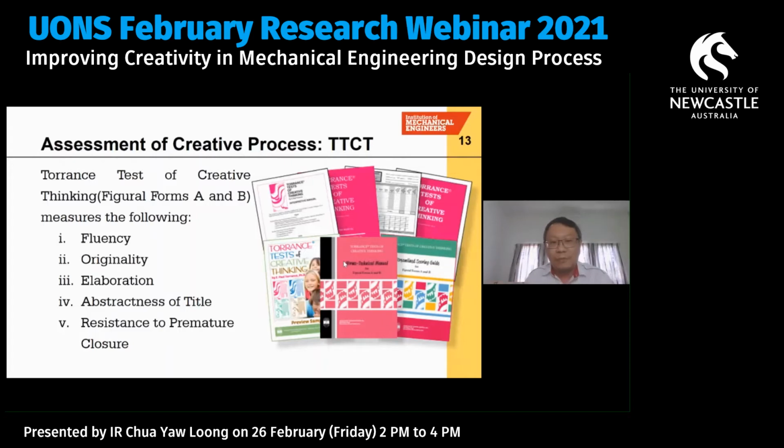Now, the 4th ability, abstractness of titles. 2 keywords here, abstract and title. So this is the ability of the person to first organize the ideas and synthesize them and present them in a different form. Okay, you organize, synthesize, and present in a different form. Okay, the last one is resistance to premature closure.